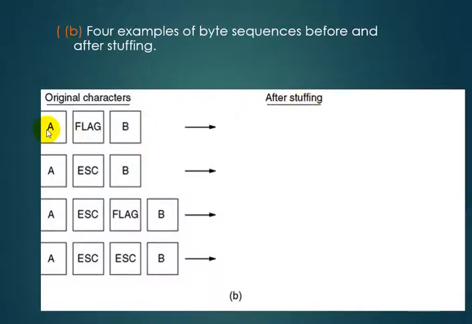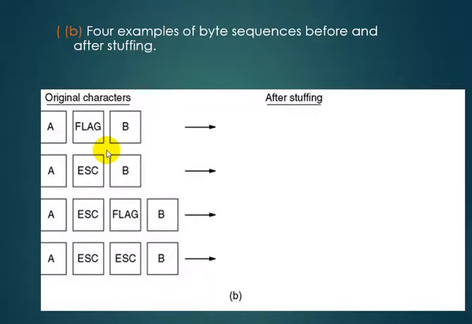So this is A, flag and B. Next message I am taking A, escape and B. Next A, escape, flag and B. Again A, escape, escape and B. So here flag is there, escape is there and flag is there. Two escape flags are present here. These are the original characters. Now I am going to stuff the flag.